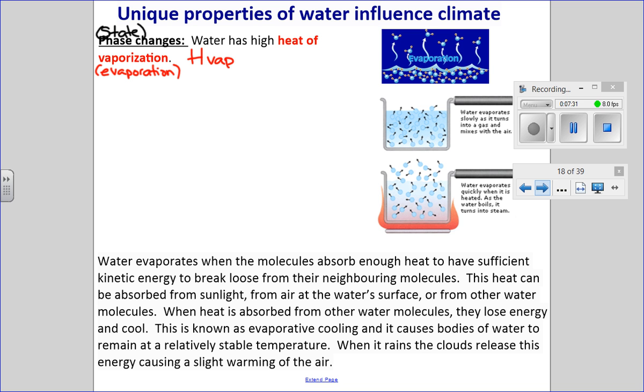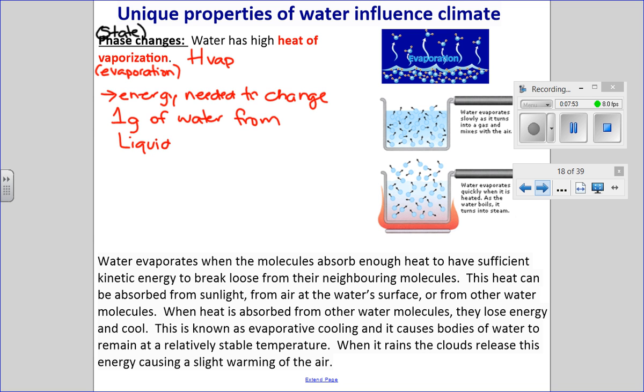It's the idea of making a vapor out of a liquid. So the heat of vaporization is the energy needed to change 1 gram of water from liquid to gas.